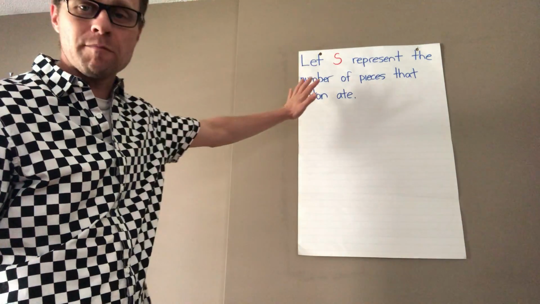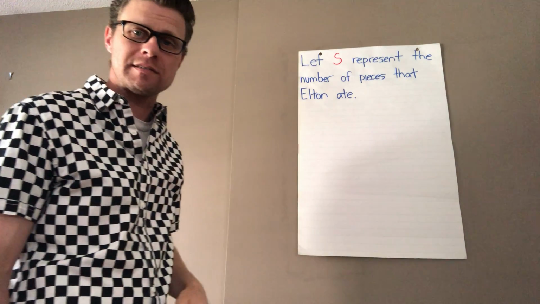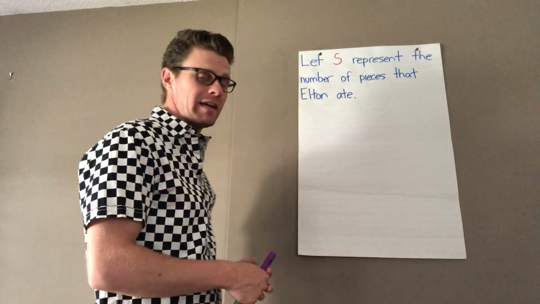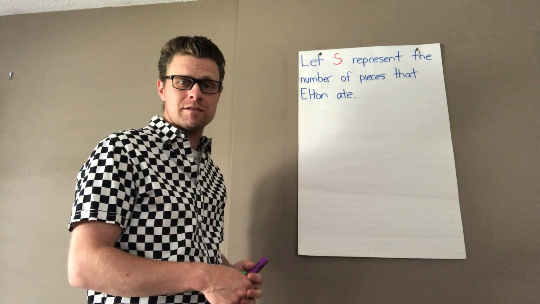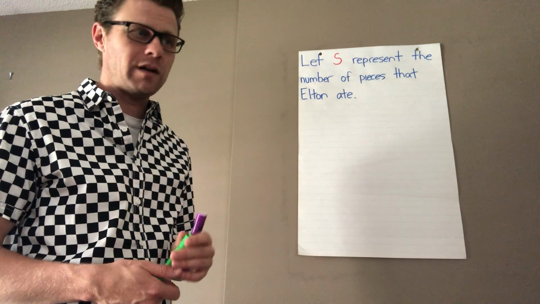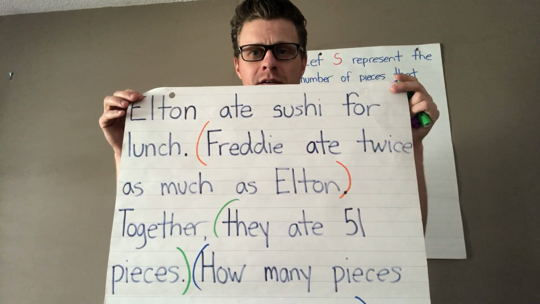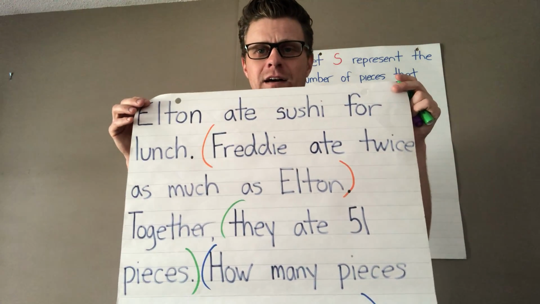So if we know from this that S represents the number of pieces that Elton ate, what could represent what Freddie ate? Well, if you go back to the question, how much more sushi did Freddie eat than Elton?